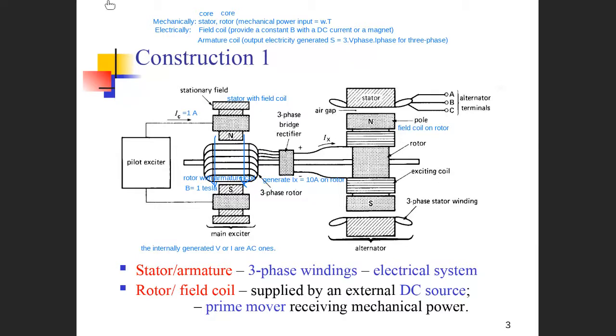On the stators, we have the armature coils, because we have a strong magnetic field generated here.